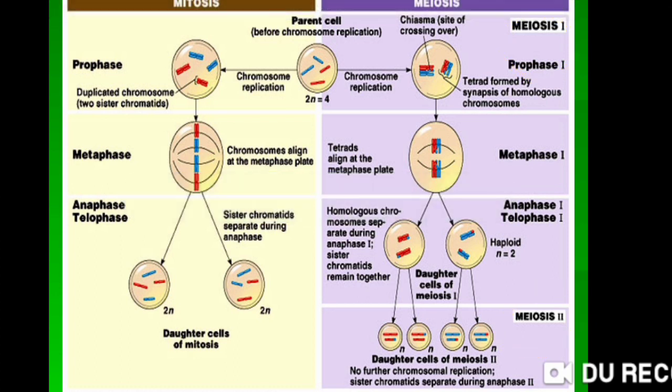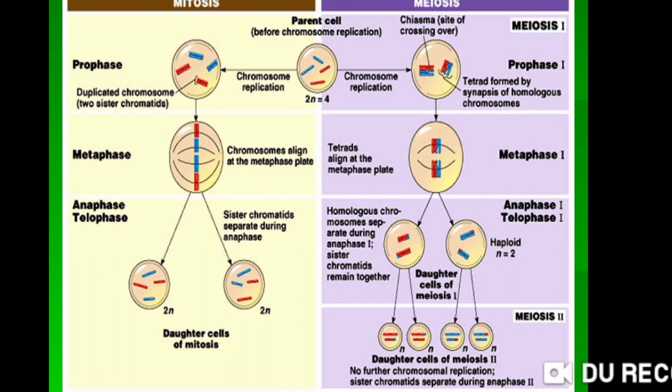Meiosis also possesses prophase, metaphase, anaphase and telophase in each of the meiosis 1 and meiosis 2 phases. So meiosis takes a large amount of time to occur. But mitosis occurs very easily because it has to produce only identical cells. But when we talk about meiosis, it has to produce four different haploid cells.